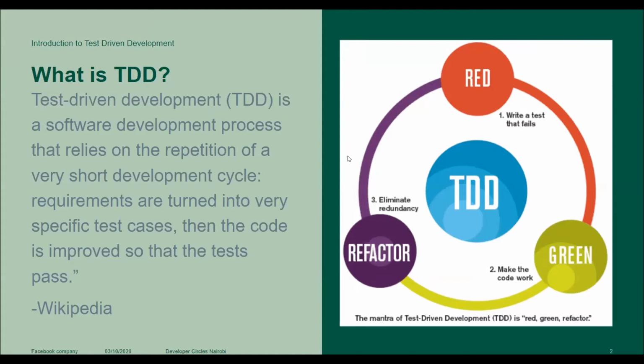And then you run the tests again, and this time the tests should pass. That's why we are moving from red, where the tests were calling out for something amiss, to green, where the tests are passing. And from there, after everything is okay, you can sit down and refactor, improving the tests and the code quality.